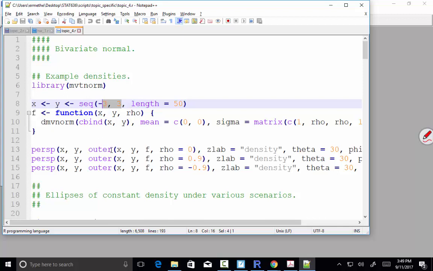Then the outer function, you give it the X grid values and the Y grid values, and then you give it a function that you want to evaluate at every single grid point, and it does what you want. It'll give me back a 50 by 50 matrix that's F, in this case the multivariate normal, evaluated at every single combination.